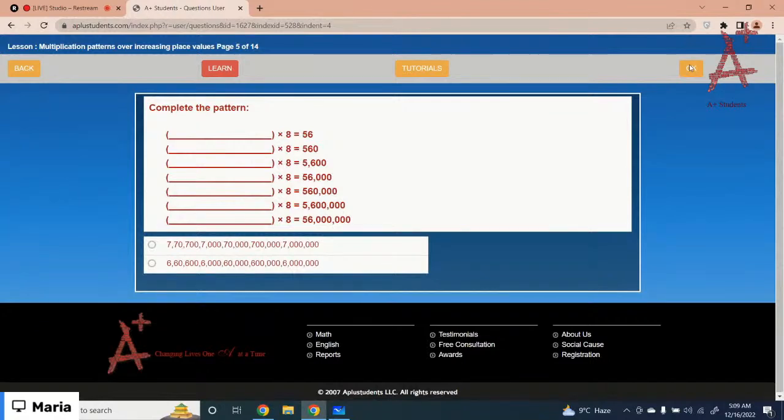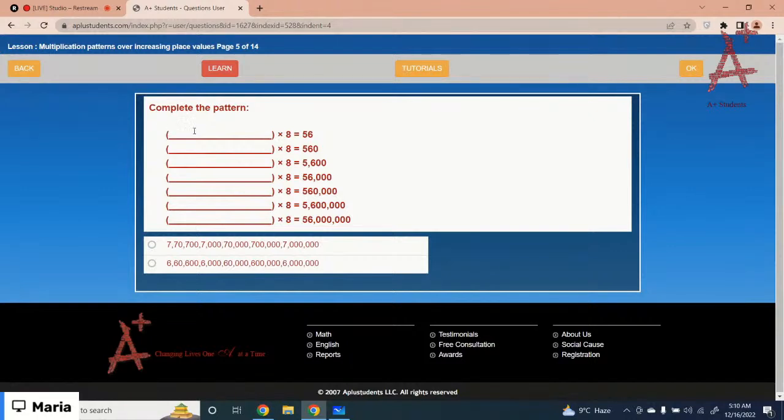Okay, you have missing number times 8 equals 56. So what number times 8 is 56? 7 times 8 is 56.